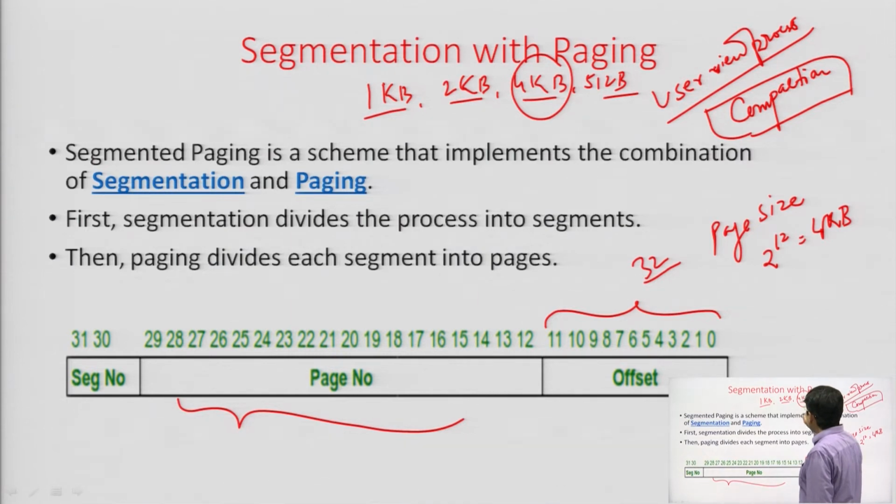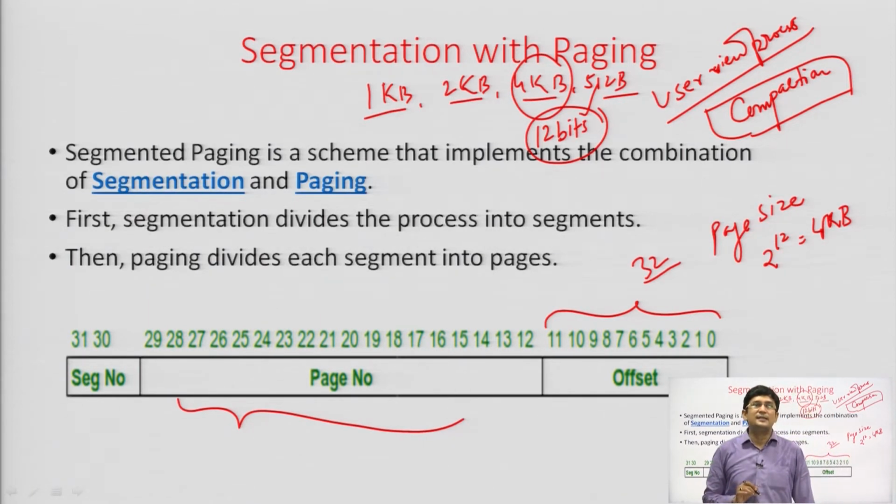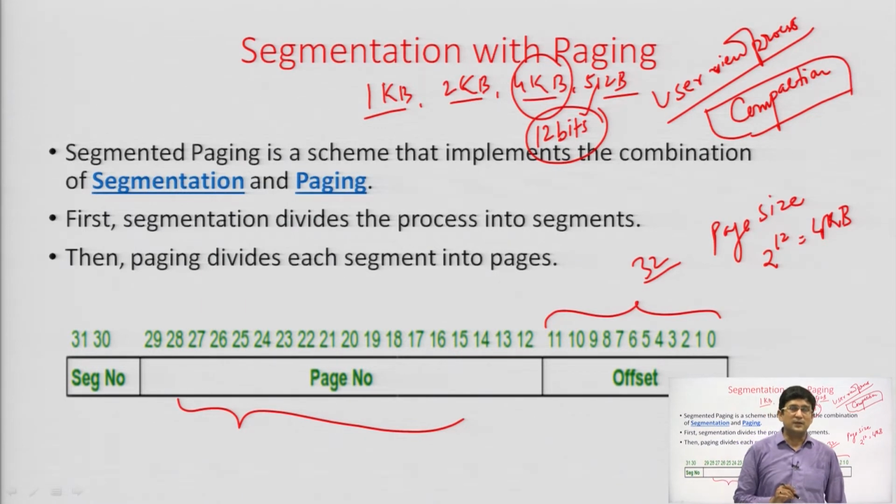So, to address the largest segment we require 12 bits. You should remember that we are taking the largest size segment only to refer to the offset. Now, the page number is actually 18 bits.